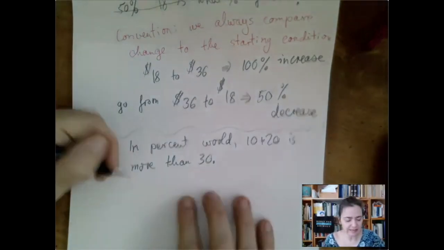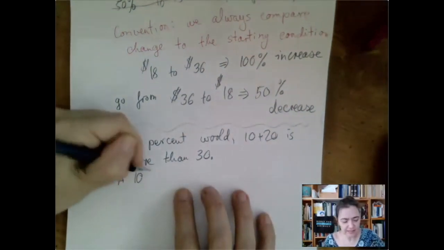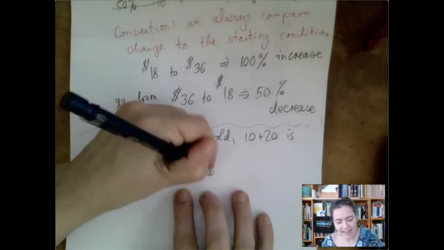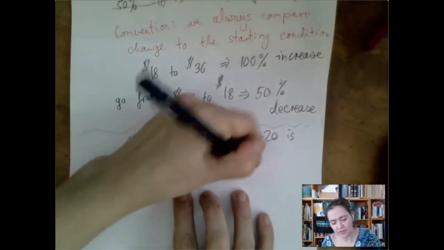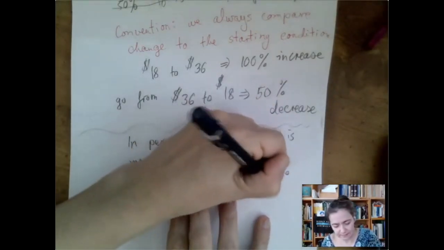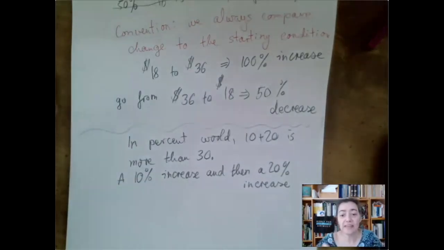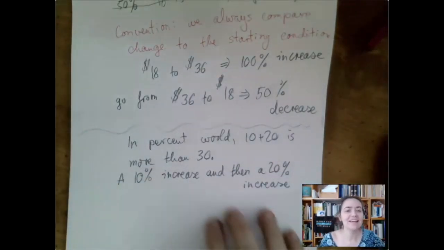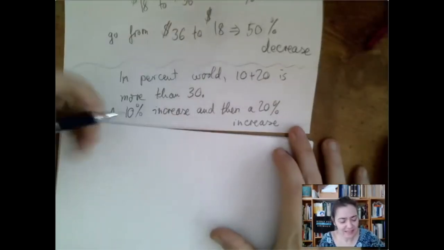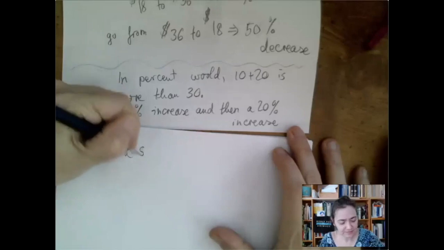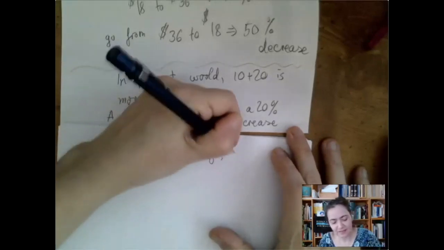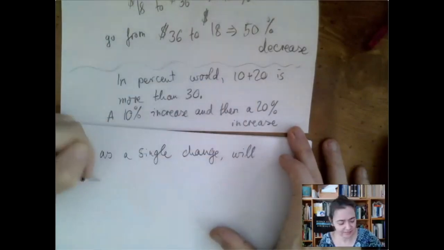What I mean is that a 10% increase and then a 20% increase of a bigger quantity, compared to going as a single change, will be more than 30%.